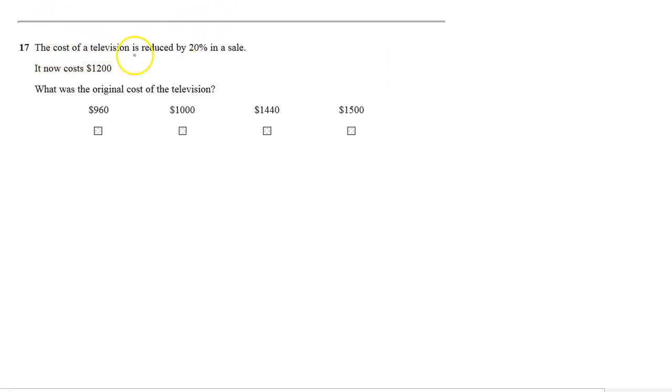Question number 17, the cost of a television set is reduced by 20% in a sale. Now it cost, so there was a previous cost, we reduced 20%, and now it is for 1200. So definitely it was more than 1200. So definitely these options are out of the question.